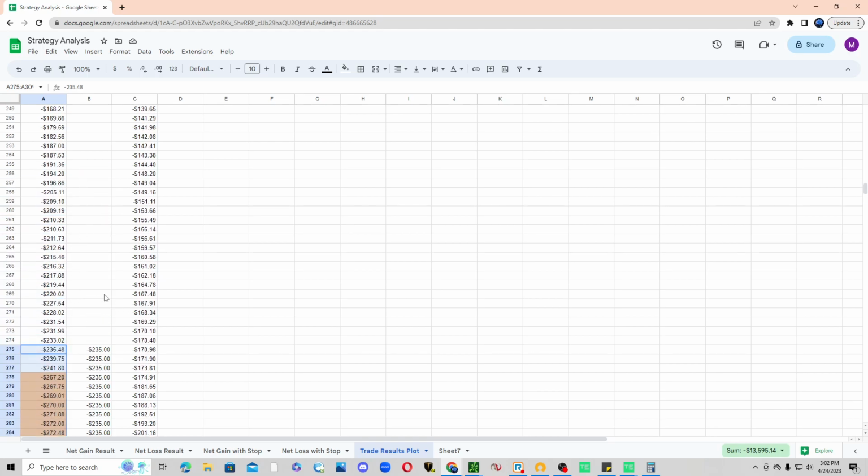And if I keep refining this more and more, what I'll probably realize is that I can cut the losses even sooner than that. In other words, we might be able to cut them at $168, not $235. And if that's the case, then the losses will go down dramatically.